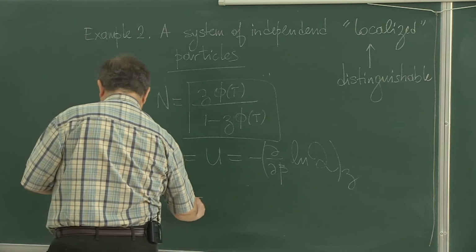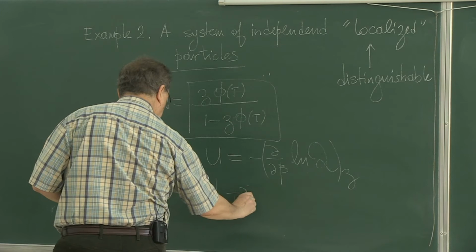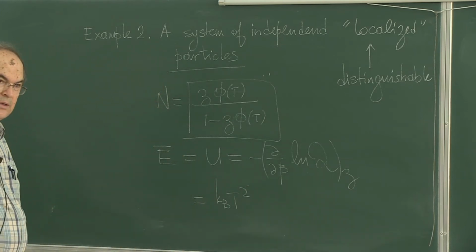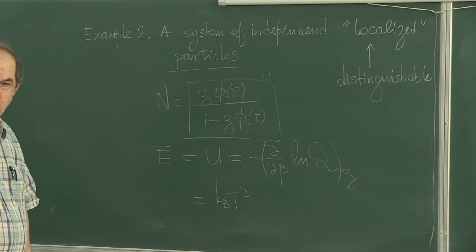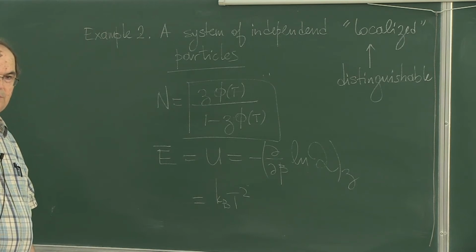So that gives us kB T squared. Please do these calculations yourself, okay? Check my notes. I may have some mistakes in my writing. Don't trust me.